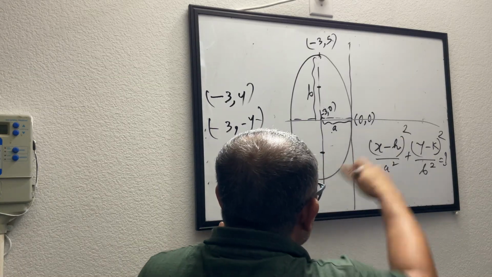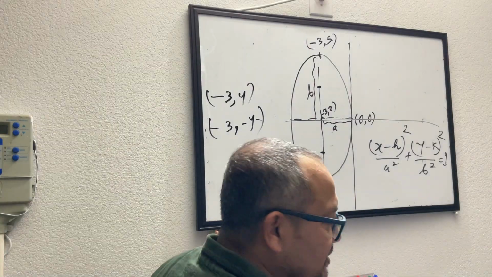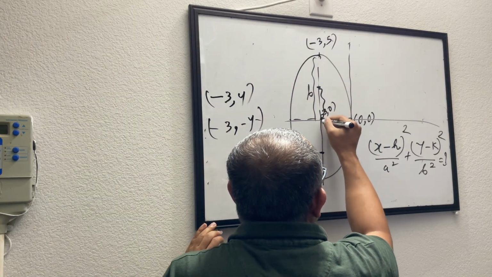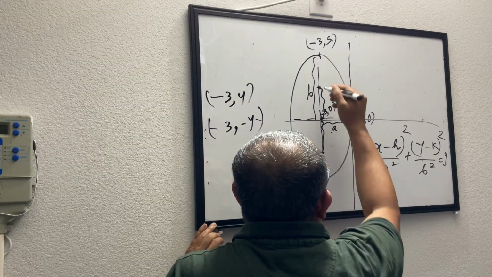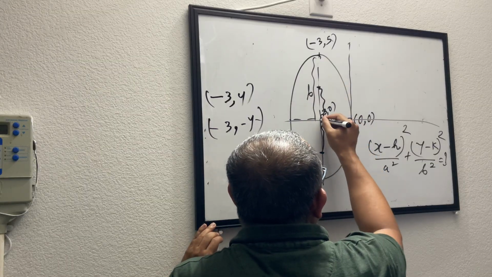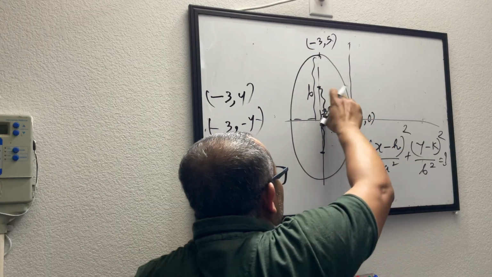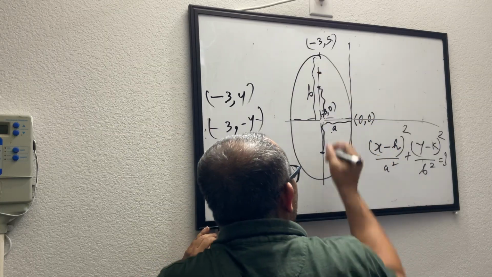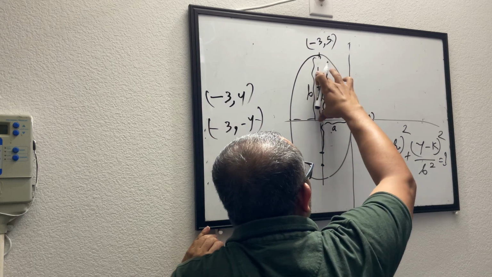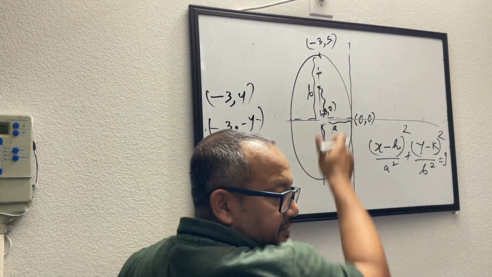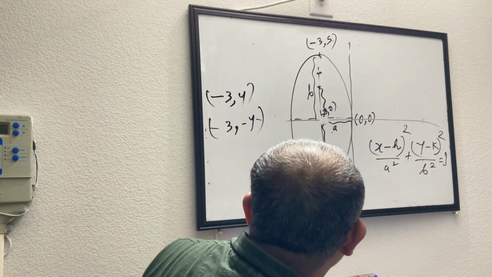If it is lying horizontally, this is along the x-axis. But these foci have a property that these are 2 points equidistant from the origin. So this distance is the same as this distance, always. If my foci is here, then this distance and this distance will be the same. Okay? Yeah? So that is the second point.